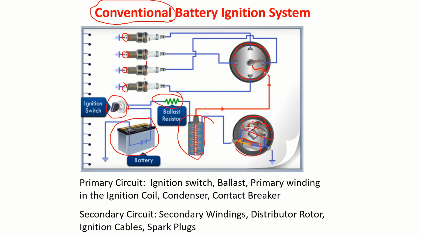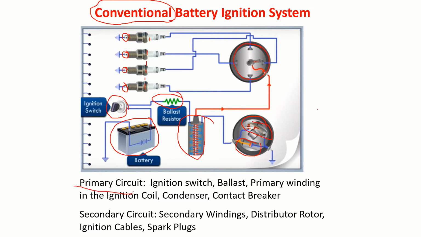So now let us trace the blue color line: battery, ignition switch, ballast, the primary windings in the ignition coil, then the condenser, the make and break arrangement. This we call the primary circuit.